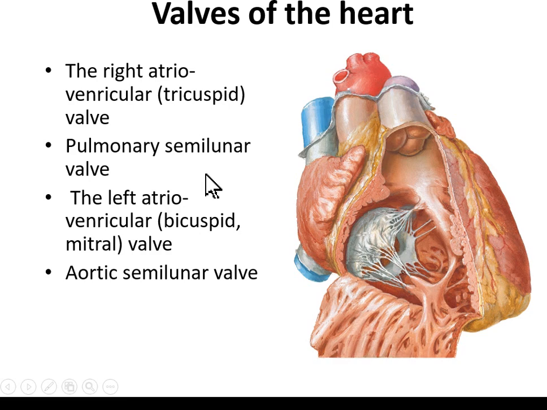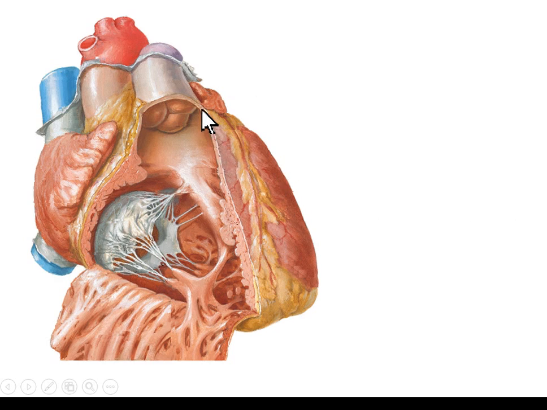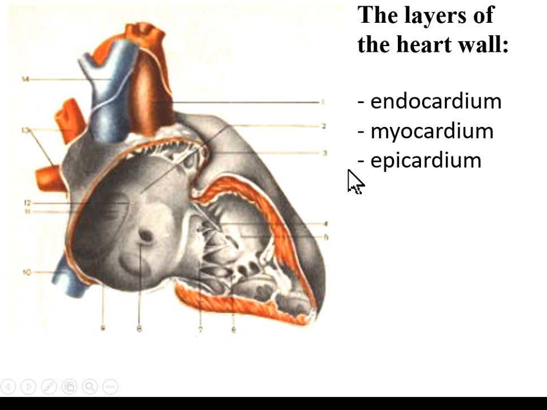What we can see in this picture: this is the right ventricle, this is the pulmonary trunk, with the semilunar valves of the pulmonary trunk. Here we can see the tricuspid valve. The layers of the heart wall.